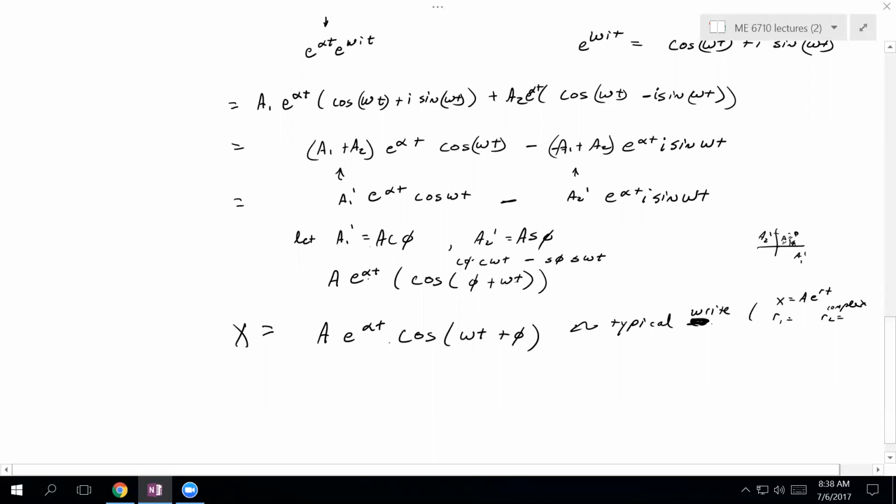Recall that alpha is the real part of R, basically, and R was our term in our characteristic polynomial.